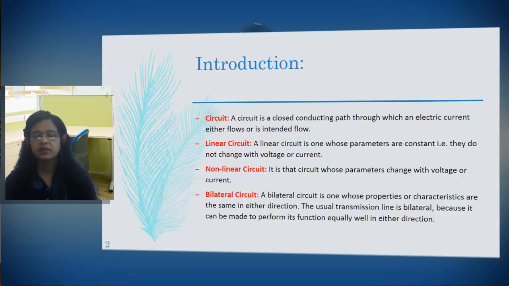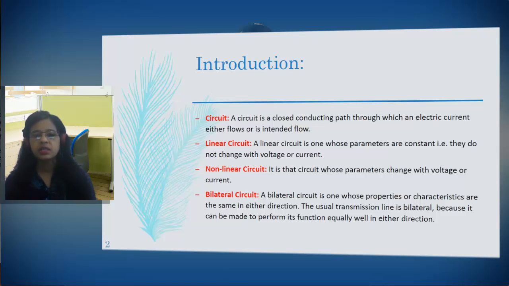Suppose there is a resistor having two terminals, A and B. Initially we connect the resistor between A and B, and current flows from A to B. Now, for the next case, we reverse the terminals, making it B and A, so current flows from B to A.